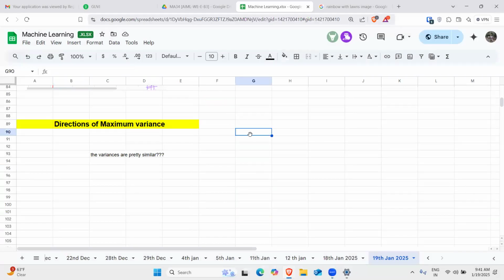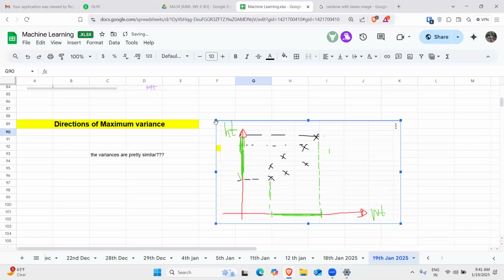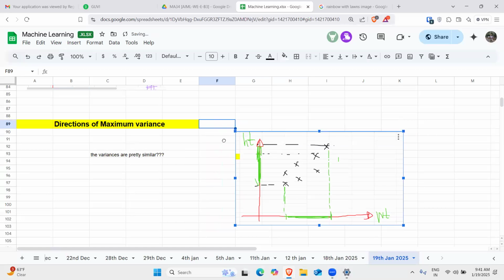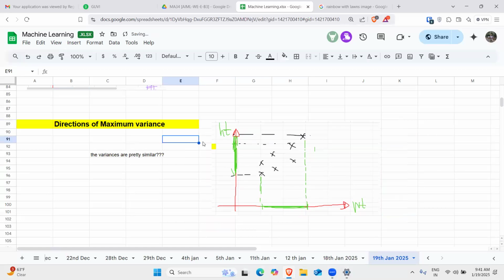Then we should find the basis that we have already seen: the direction of maximum variance. So that's why we were trying to find basis vectors, right? After going through this session, you have more or less understood what PCA does.